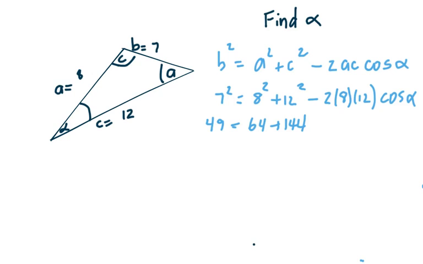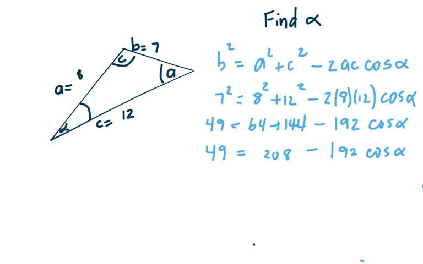Minus 2 times 8 times 12, 2 times 8 is 16, times 12 is 192, so minus 192 times cos of alpha. 64 plus 144 is 208, minus 192 times cos alpha.